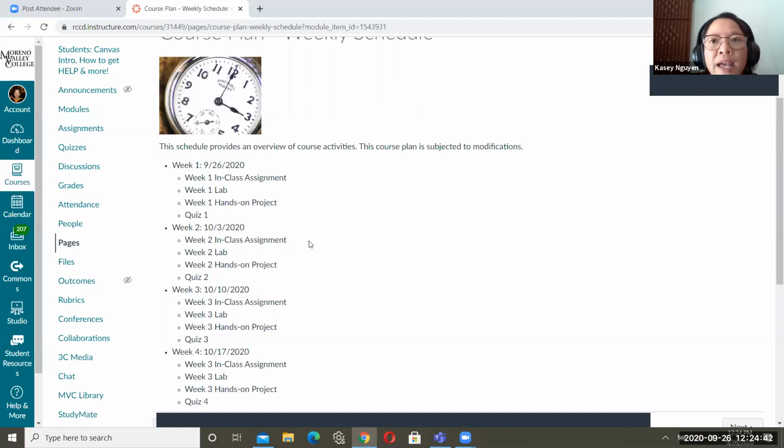If I feel like we need to spend more time on certain area or reduce the workload because you have a lot of things that are due, then I can make the adjustment here. So you can check this out to kind of give you an overview of what you need to do in the next 4 weeks.